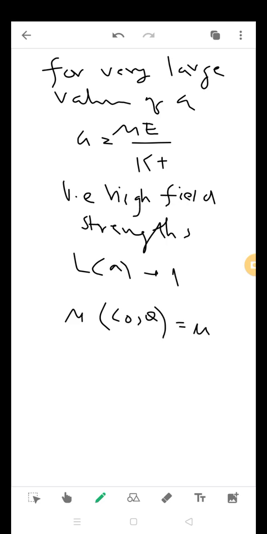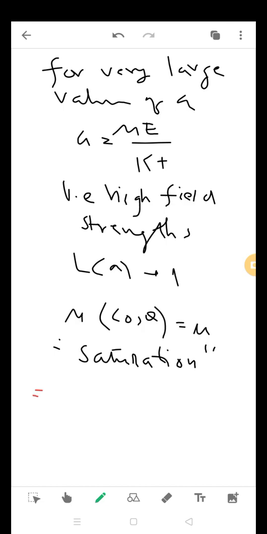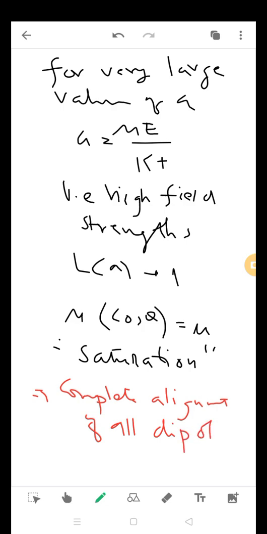So basically, approaching unity means attains saturation, and it indicates complete alignment of all the dipoles has taken place.